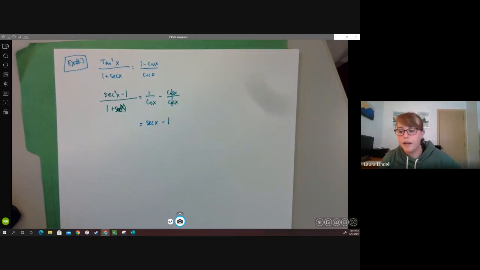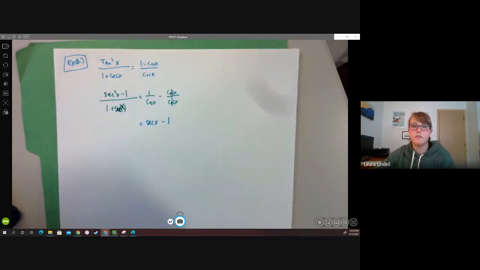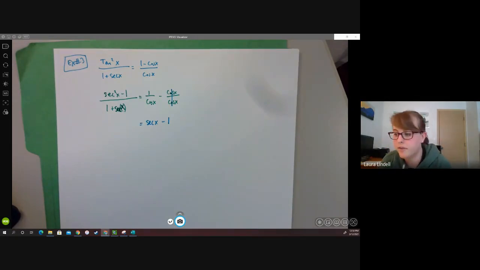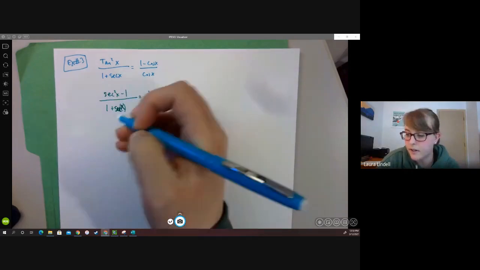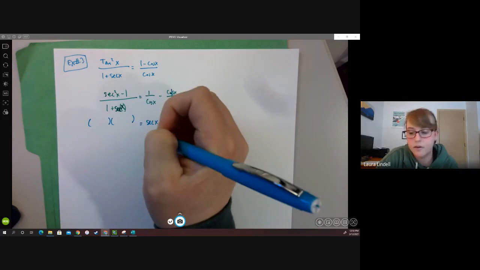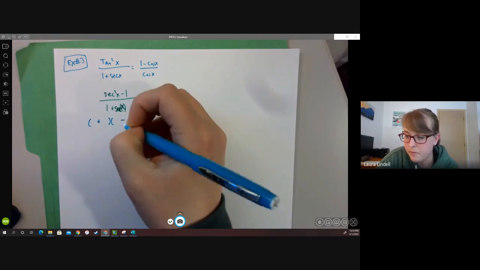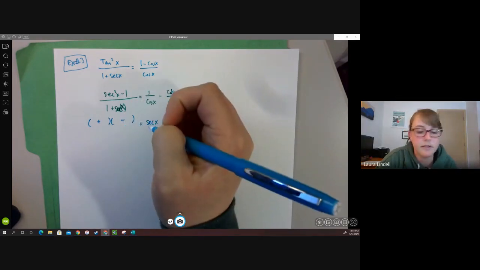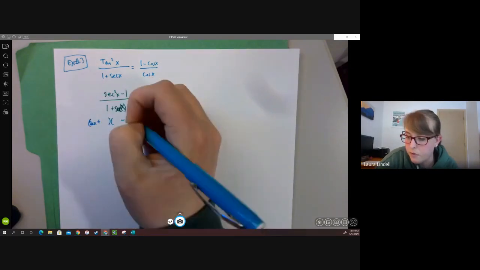On the right-hand side, this thing on the top can factor because of difference of squares. If you remember your factoring from advanced algebra, trig is probably your favorite thing, the factoring. This is difference of squares here. Difference of squares was where you put a plus in the middle of one and a minus in the middle of the other set of parentheses. And then the square root of the first thing.